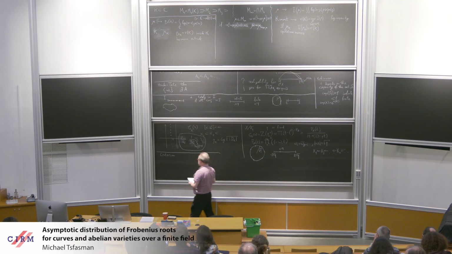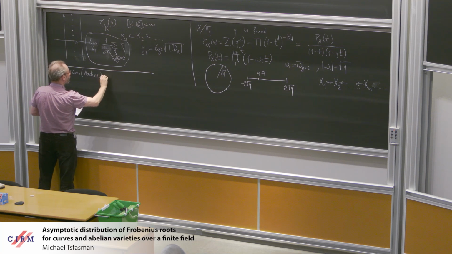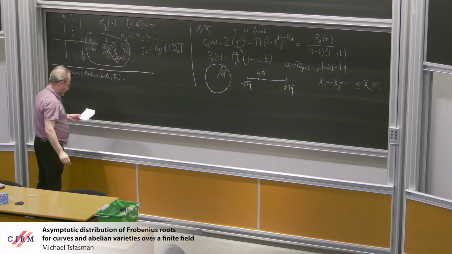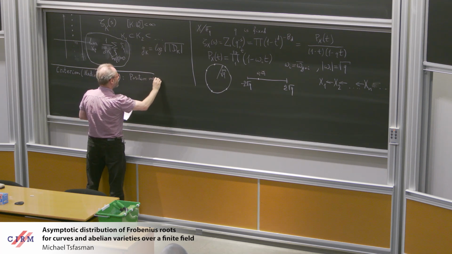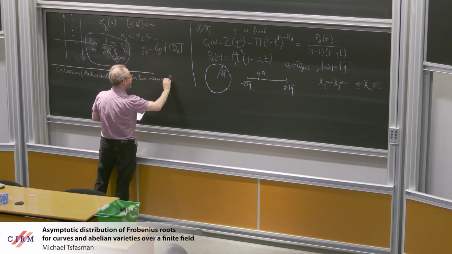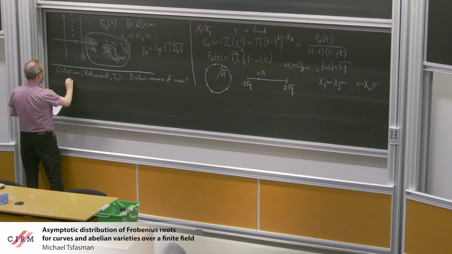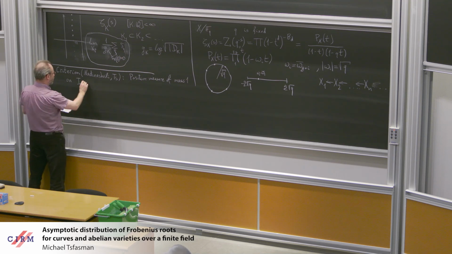So the criterion, that's Nikolai Nadirashvili and myself, is the following: a positive measure of total mass 1, I'll formulate on the interval, which is interesting for algebraic geometry, minus 2 square root of q to 2 square root of q, but in fact you can take some other interval as well.